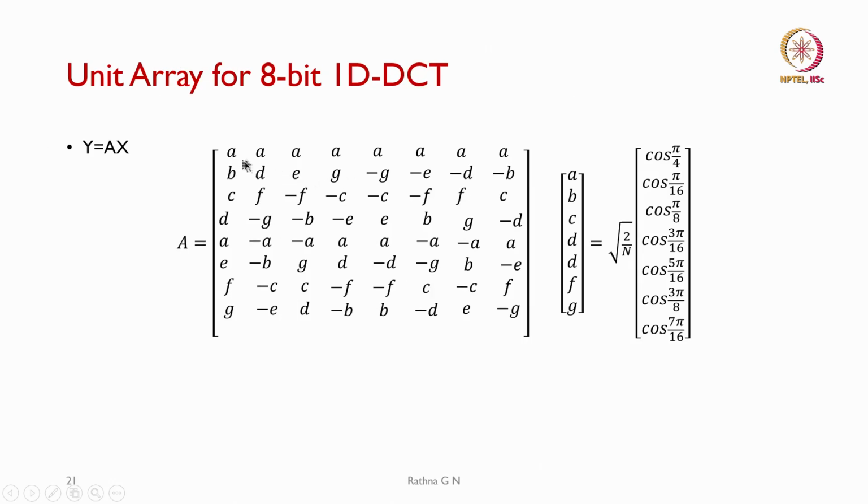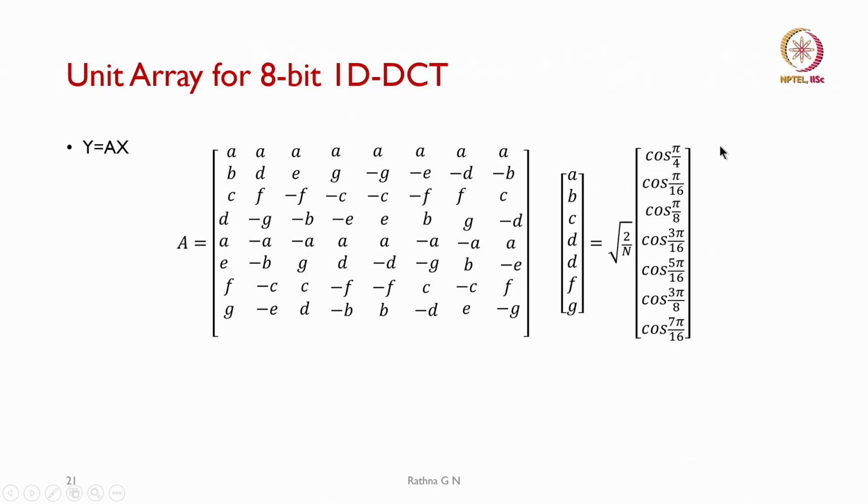So, you will be seeing that all these are A coefficients and these are BDEG, minus G, minus E, minus D and minus B, and then the rest of the coefficients get filled like this. You can go back and cross verify which are the A, B, C, D, F, G coefficients. So, it is nothing but root 2 pi n.